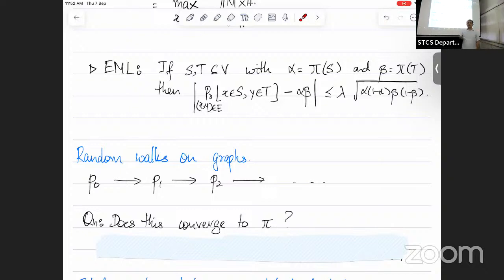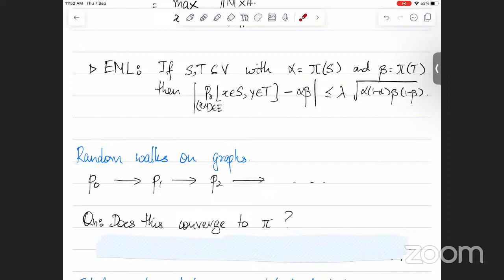Okay, and I want to know, if I keep repeating this, does it converge to something? So are you going to look at this as M times this action?